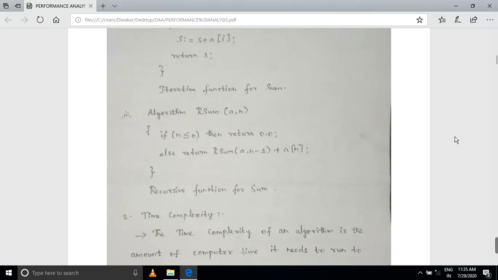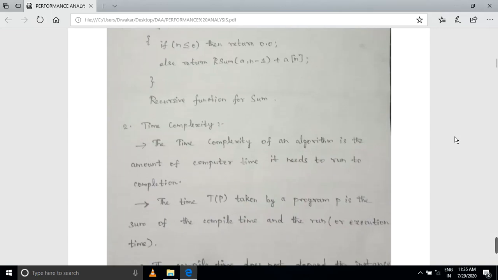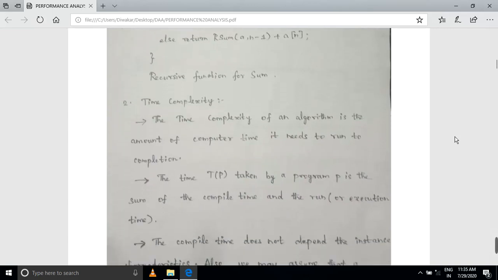You now go for the second type of performance analysis, time complexity. The time complexity of an algorithm is the amount of computer time it needs to run to completion. The time T(P) taken by a program P is the sum of the compile time and the execution time.